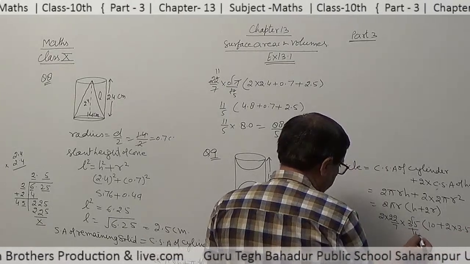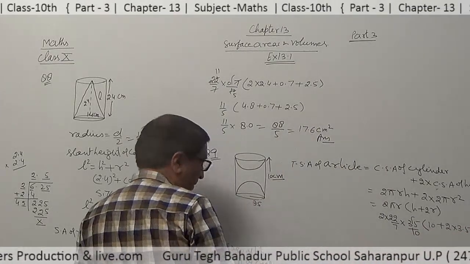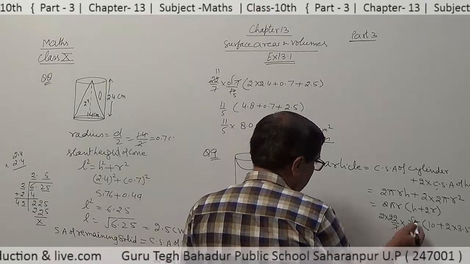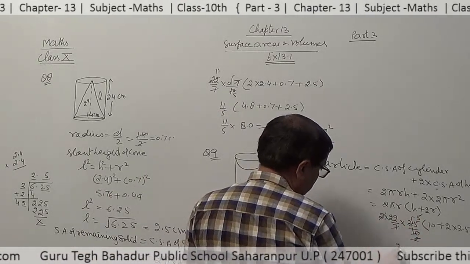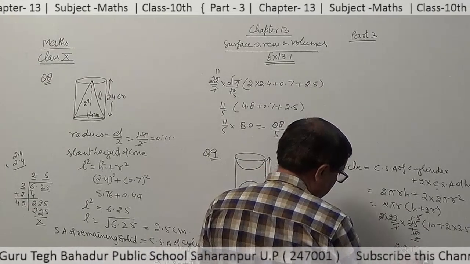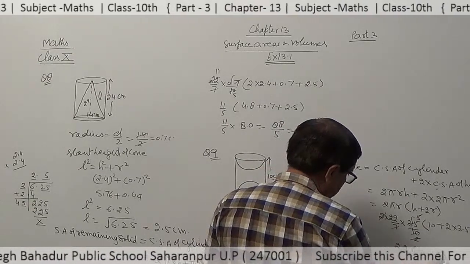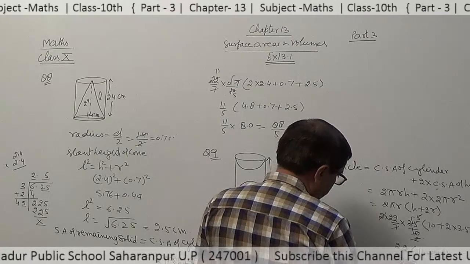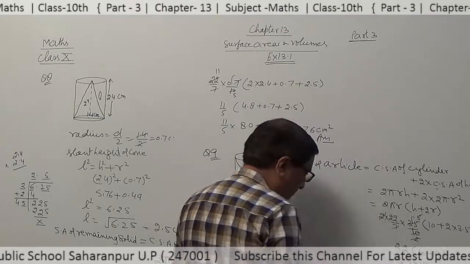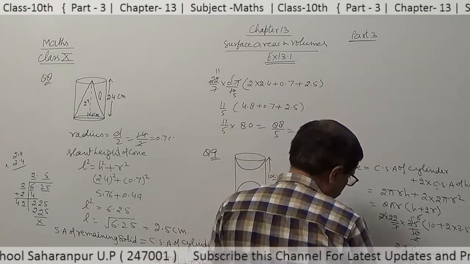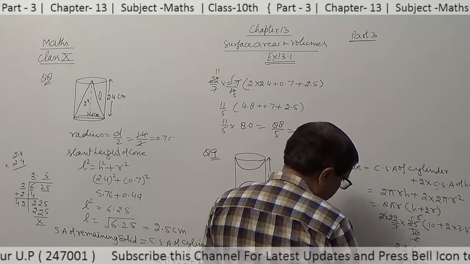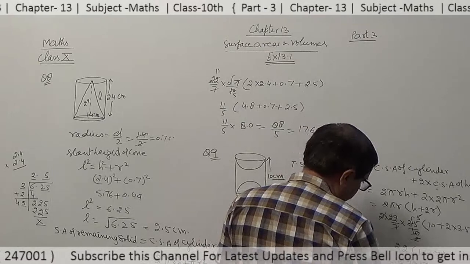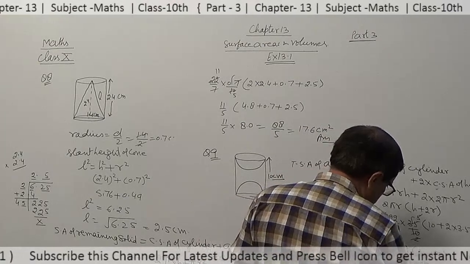Remove this decimal, put the 10, 7 5s are 35, 5 2s are 10, 2 and 2 cancel, 22 into 10 plus 7, 22 into 17, so it will be 374 centimeter square.